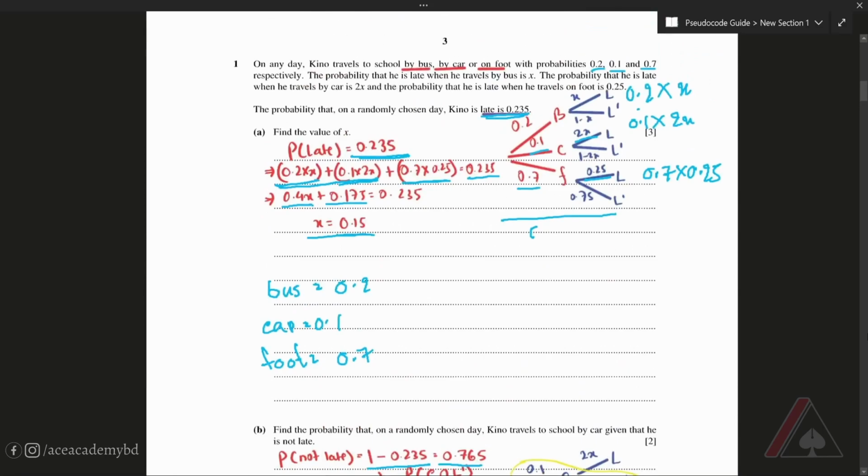So the probability that he was late when he was on car was 2x, which is 0.15 into 2, which is 0.3. Now, the probability that he was not late would be 1 deducting the probability that he was late. So 1 minus 0.3 equals 0.7.